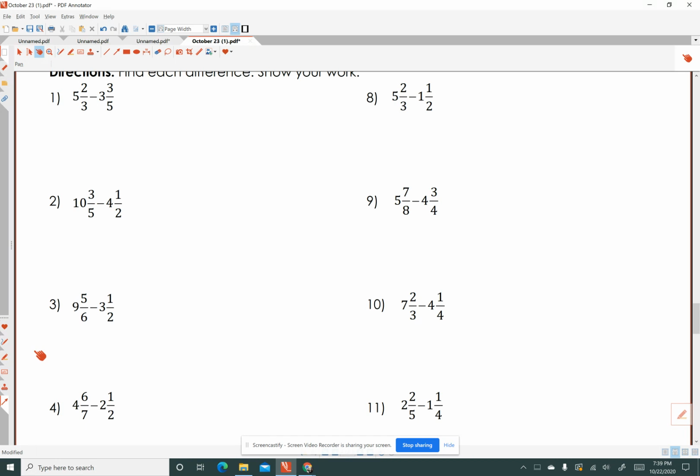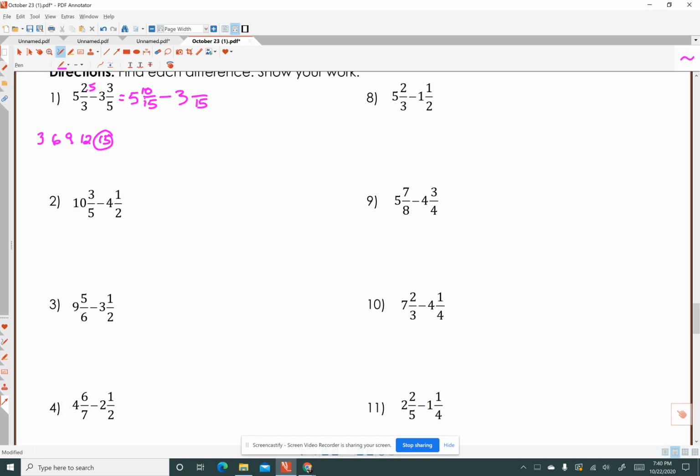Okay, how did we do? Are we ready to move on? So let's see what we have. We have a 3 and a 5. Multiples of 3 are 3, 6, 9, 12, 15. Well, 15 is also a multiple of 5. So we will have 5 and 3 times 5 is 15. 2 times 5 is 10. 5 and 10/15 minus 3.